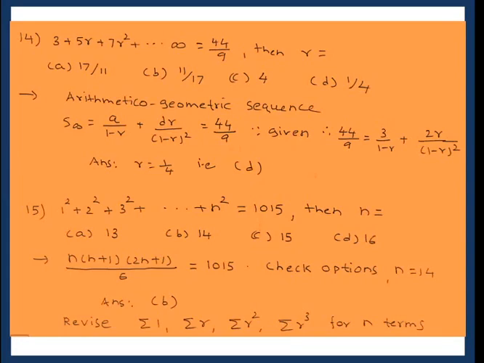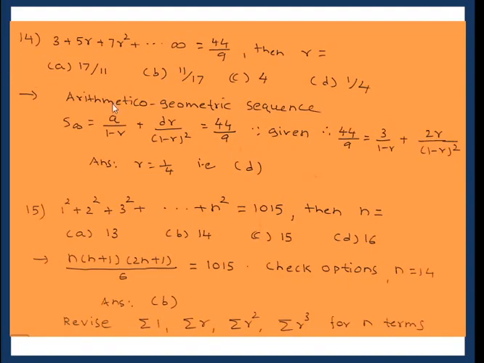Now the next one: 3 plus 5r plus 7r square up to infinity is 44 by 9. Then what is r? Observe that the given series is an arithmetico-geometric series. What do you mean by an arithmetico-geometric sequence? Consider an arithmetic sequence a plus d, a plus 2d, a plus 3d and so on.